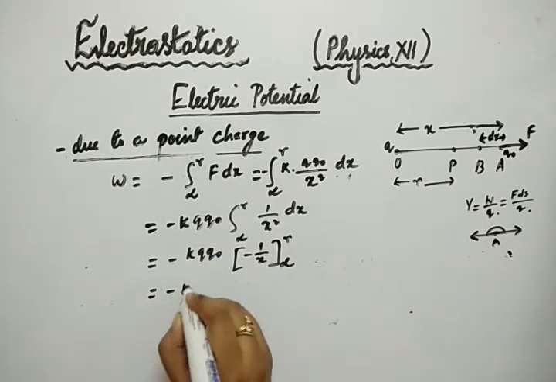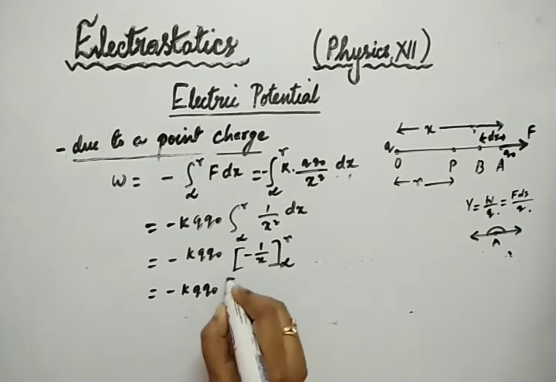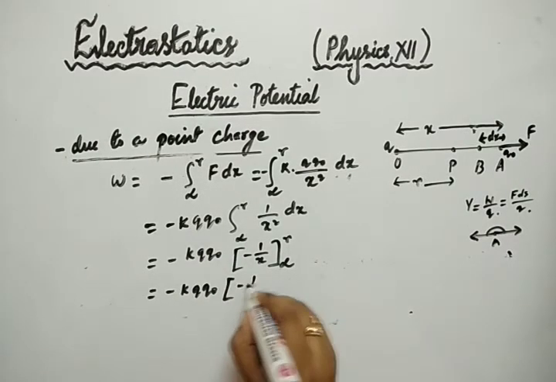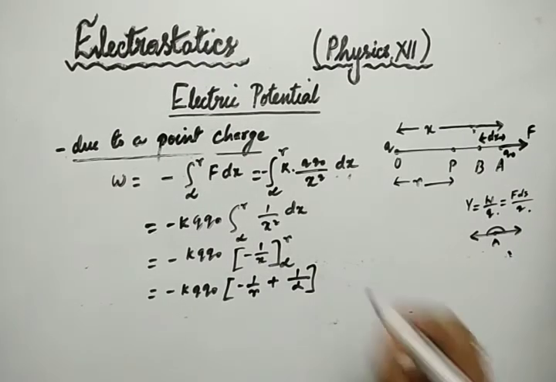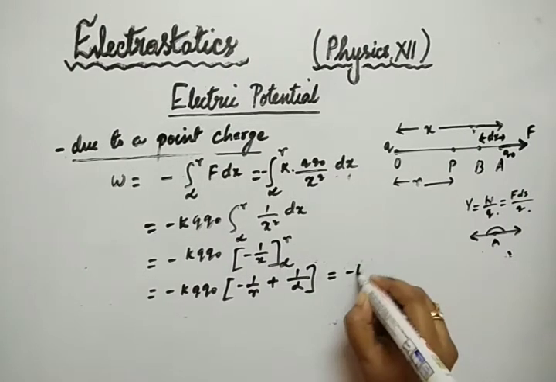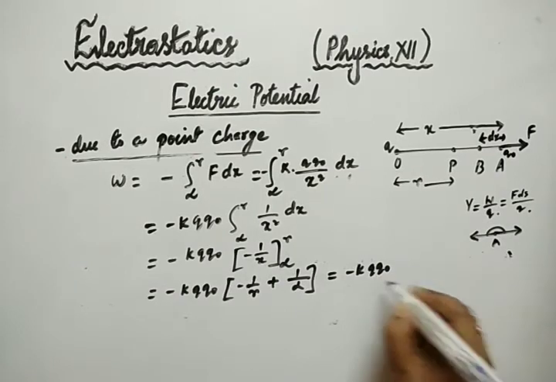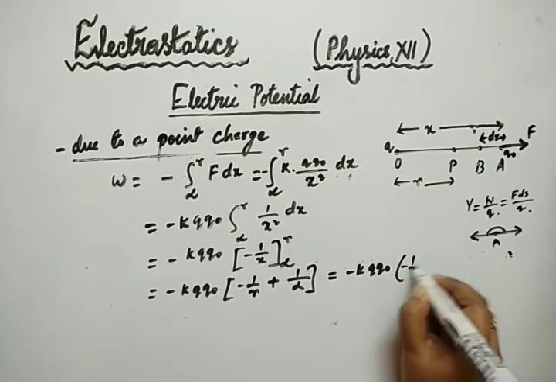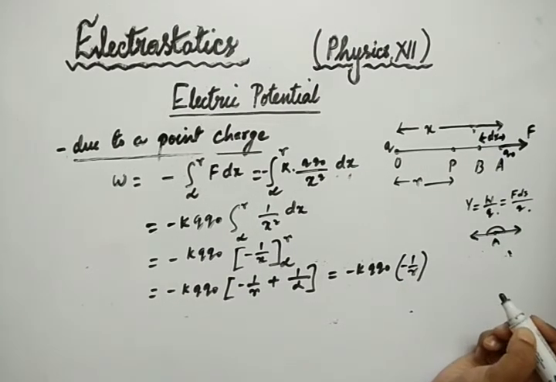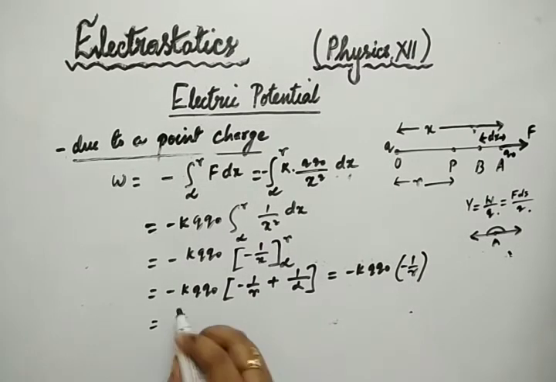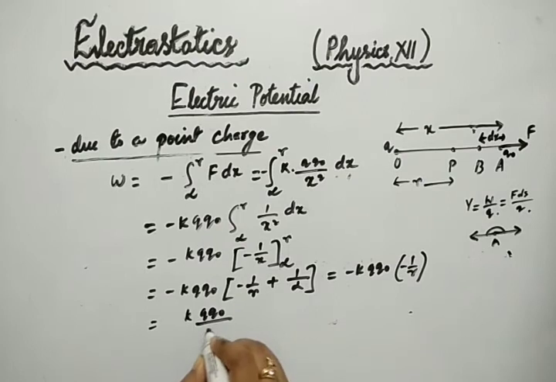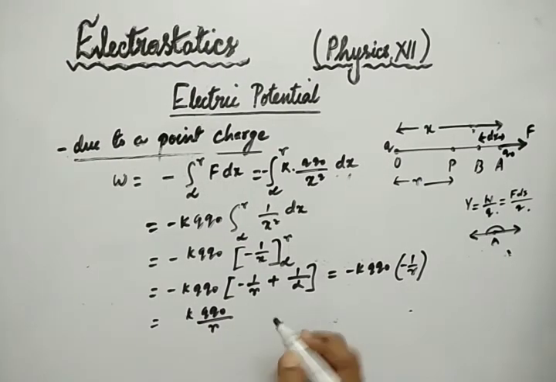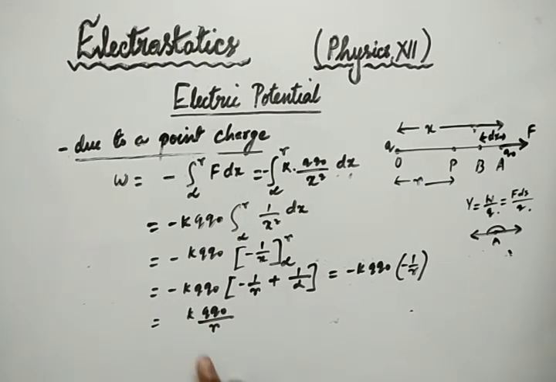Then we can calculate it by putting the limits: 1 by r minus of minus 1 by infinity. 1 by infinity is 0, we know. So only 1 by r will be left behind, and your answer will be K Q q naught by r. This is your work done.